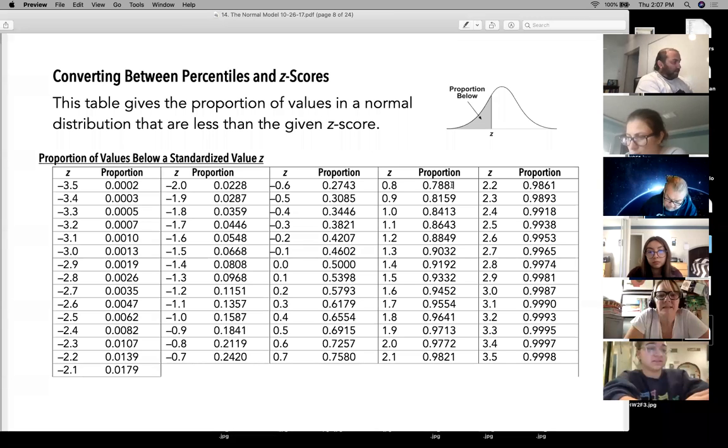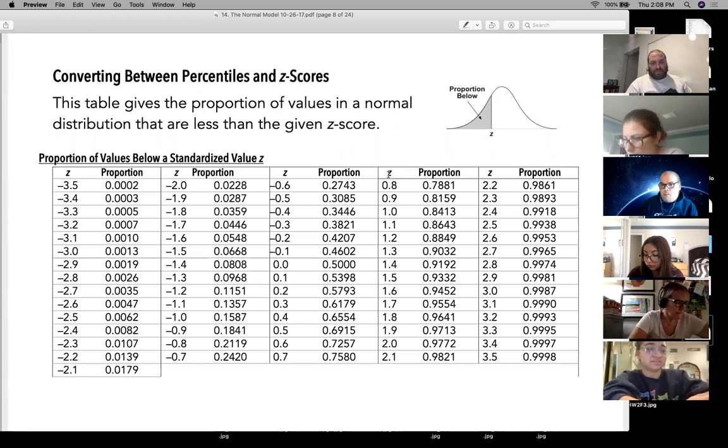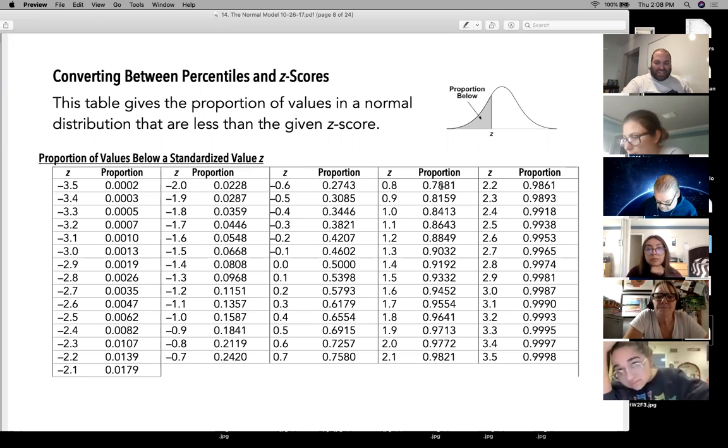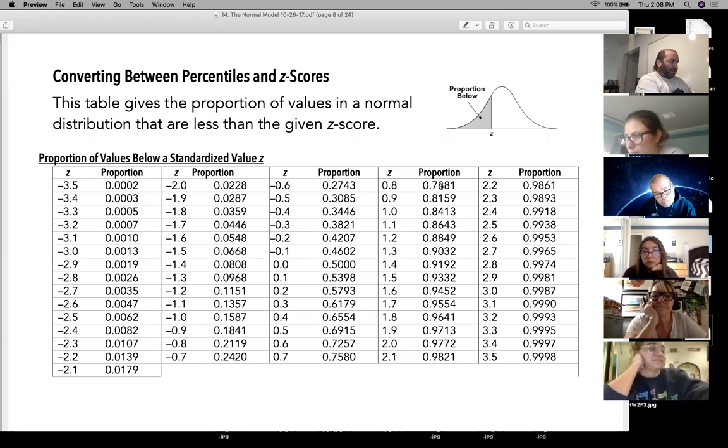If my z-score is 0.8, that tells me that 78.81% of my data is going to be to the left of that point, correct? The percentage to the left of my data point is 78.81%. What I'm asking is, what percentile am I in?